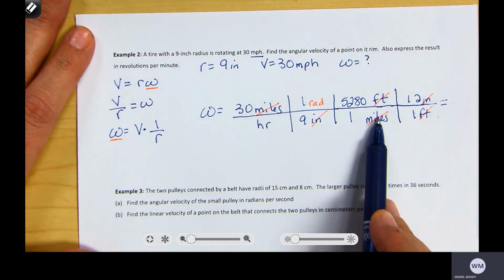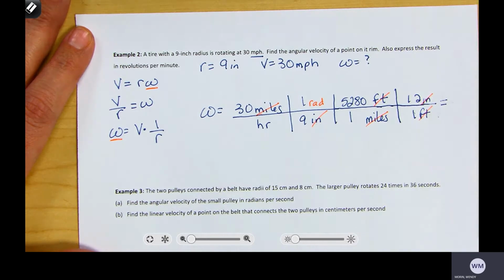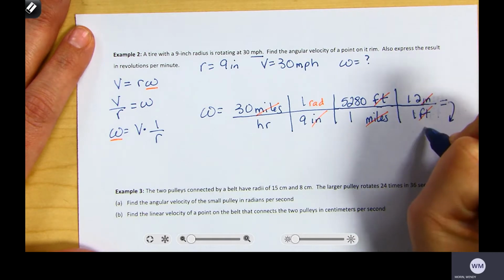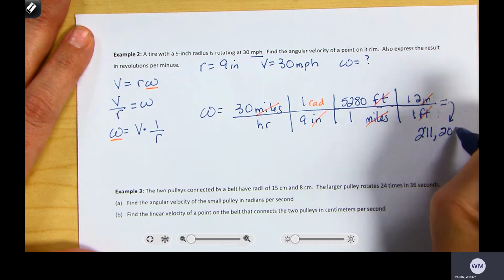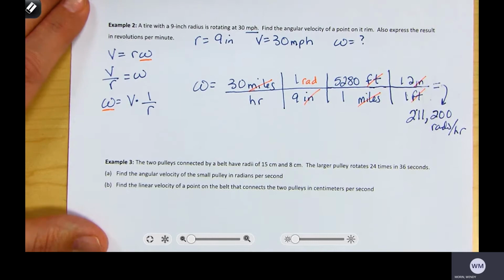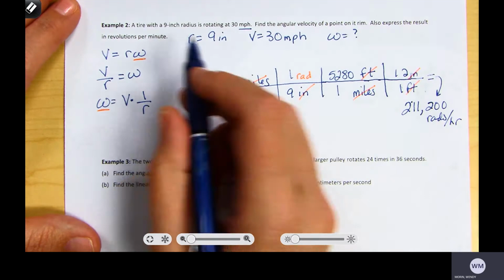Miles, miles, inches, inches, feet, feet, right? 30 times 5,280 times 12 divided by 9. All right. So I end up getting 211,200 radians per hour. That, again, is radians per hour, let's keep going with that.